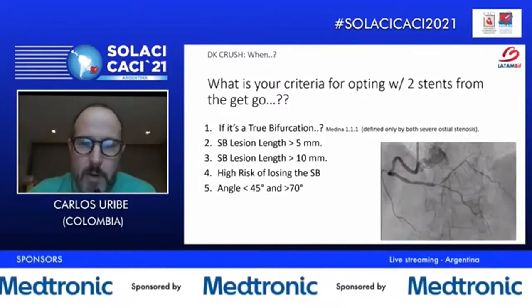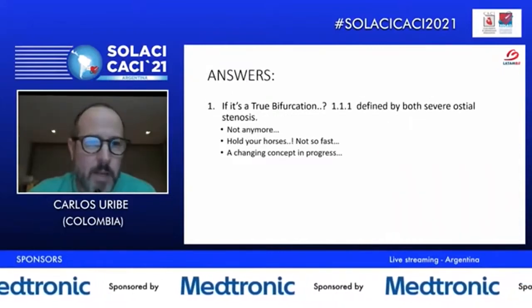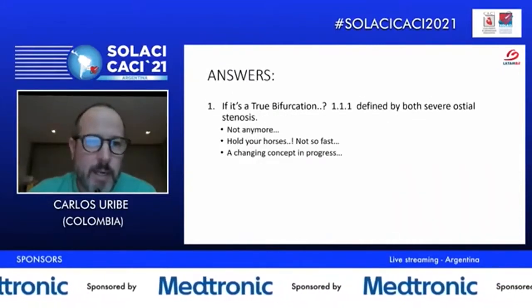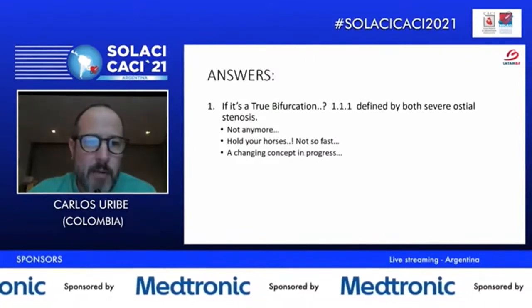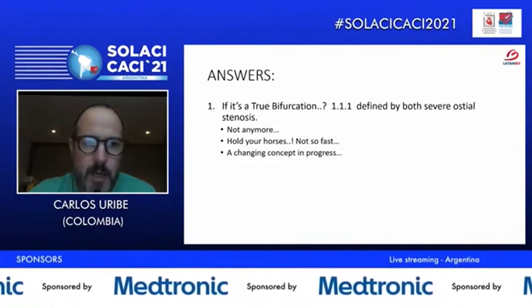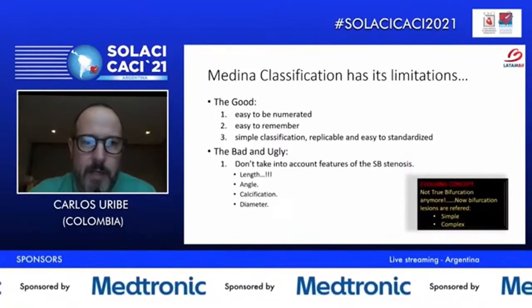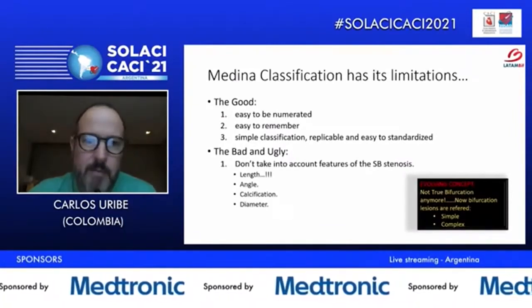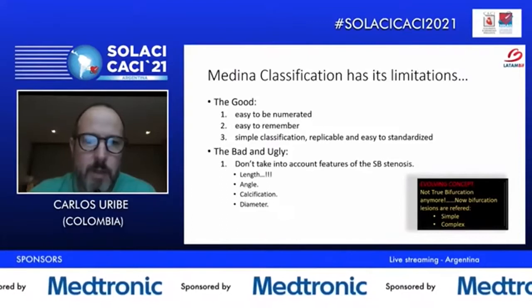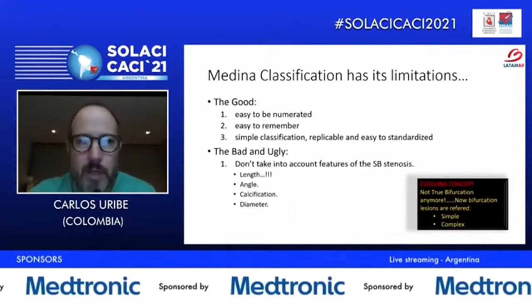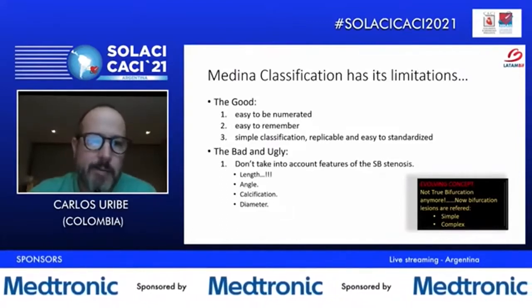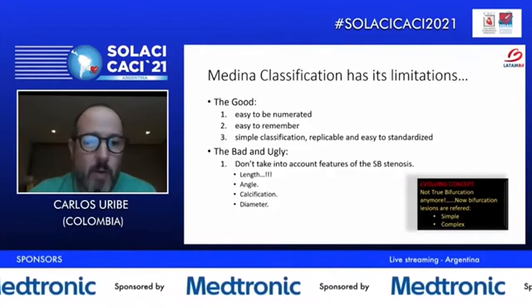But this concept has been changing, and I'll try to prove why with the evidence. This concept has been changing because Medina's classification, even though it's very appropriate for classification, treatment-wise is not the best.